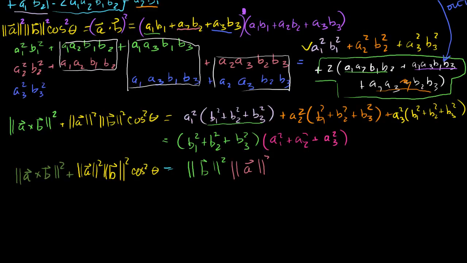Now what if we subtract this from both sides? What do we get? We get the length of a cross b squared is equal to this minus this.